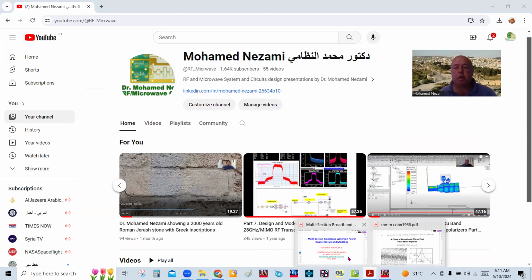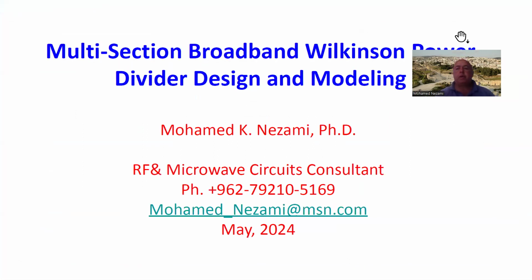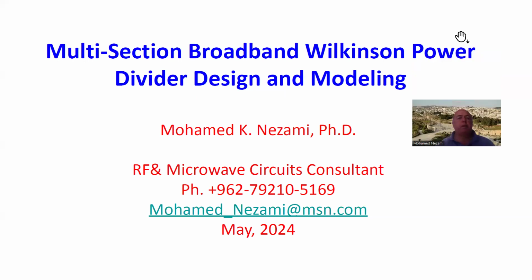So let's cover today's topic. We're going to talk about the design and modeling of multi-section broadband Wilkinson power dividers. Now, these power dividers, say, for instance, from 2 gigahertz to 6 gigahertz, or from 2 gigahertz to 18 gigahertz, are usually used in such a broad bandwidth. We use them most times in the labs just to do some experimentation, where instead of owning a number of these for different subbands, we would use one broadband unit.